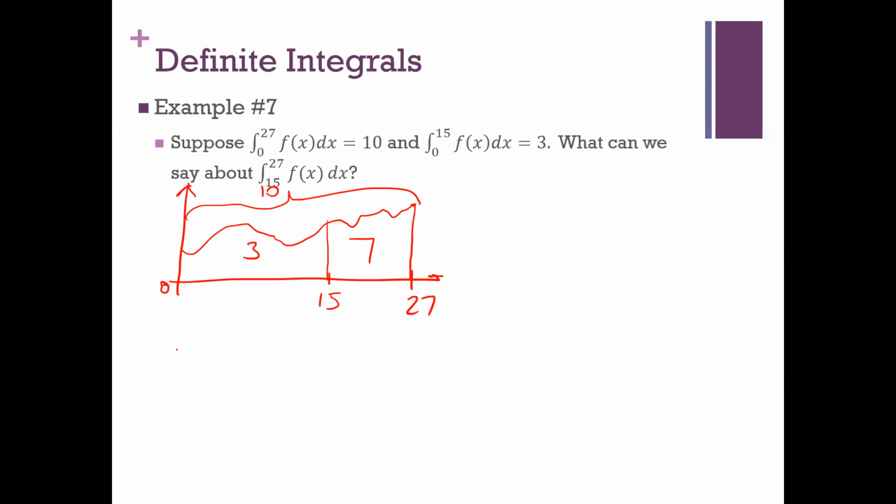This is also basically what we looked at just a minute ago. So the integral from 15 to 27 of f of x dx, we'll kind of fill in some blanks here.